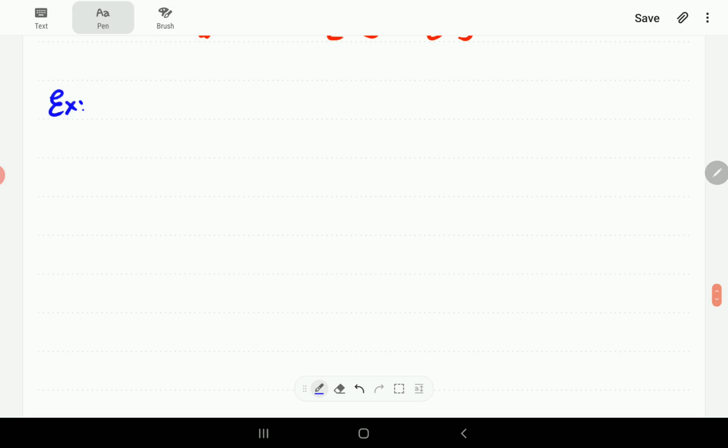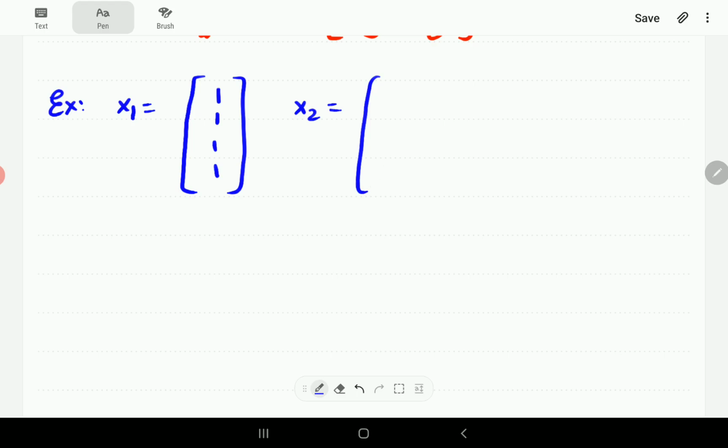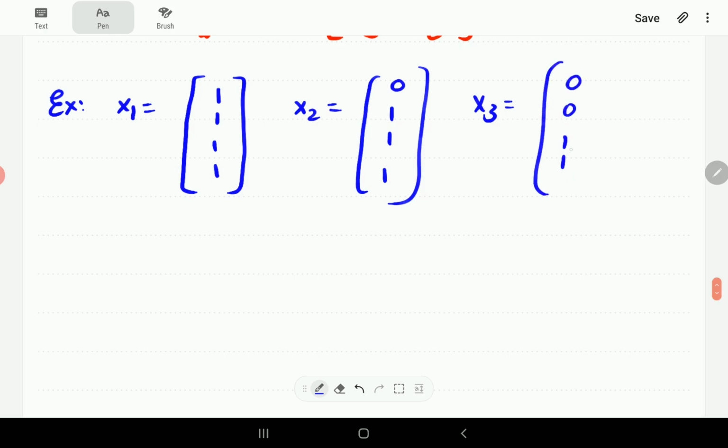For example, they have given you, say, x1 equal to (1, 1, 1, 1), and x2 equal to, say, (0, 1, 1, 1), and x3 equal to, say, (0, 0, 1, 1).